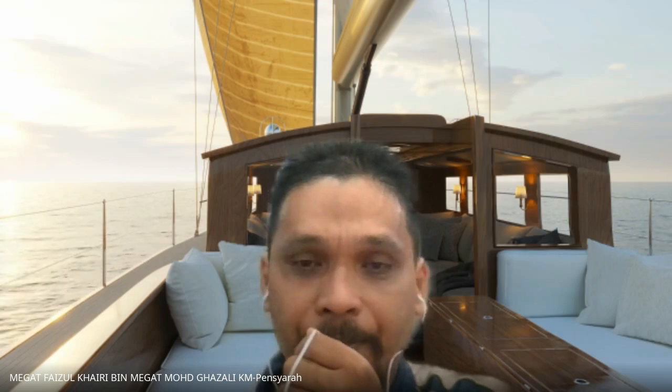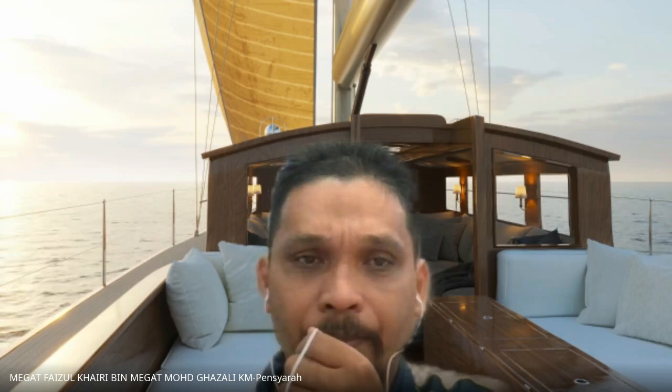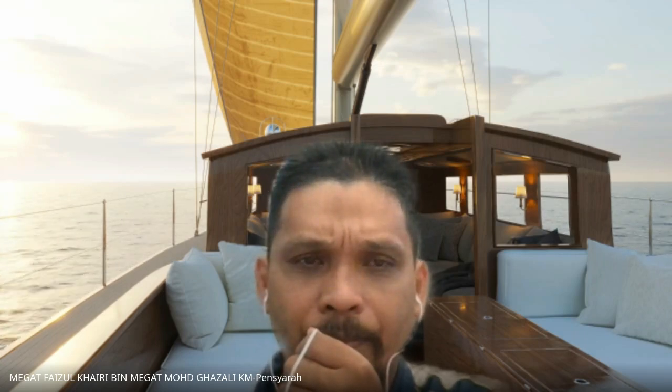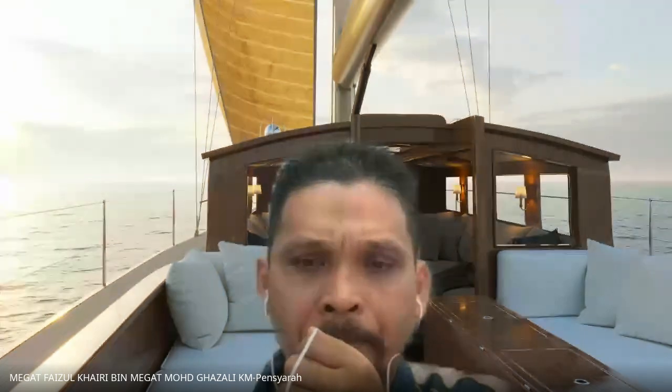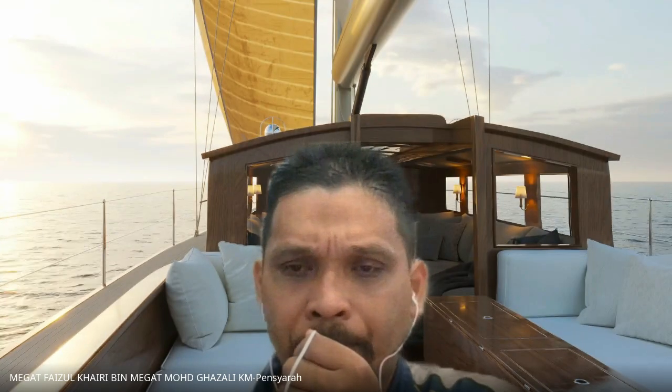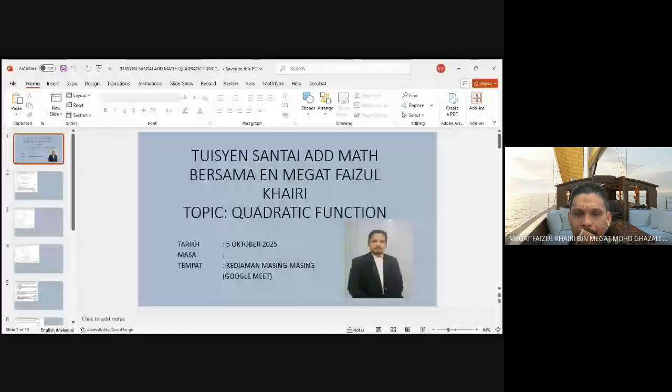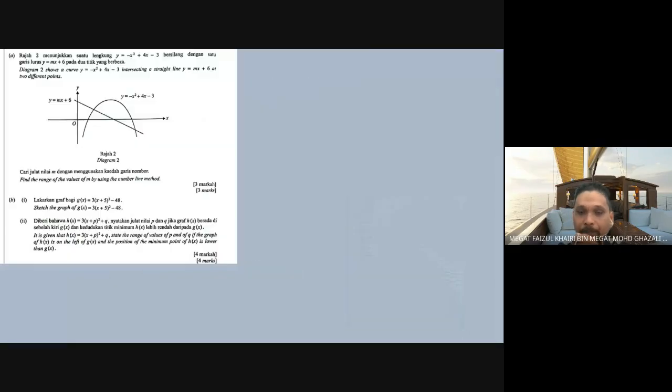Okay, sekejap. Okay, so diagram 2 shows a curve of y equal to negative x squared.